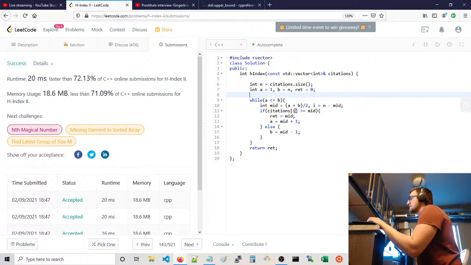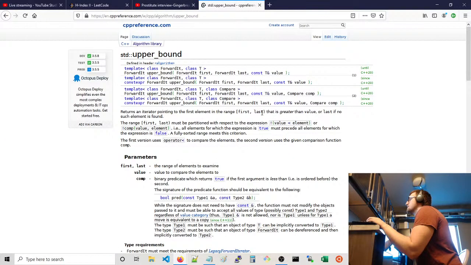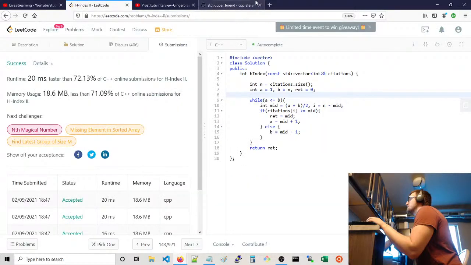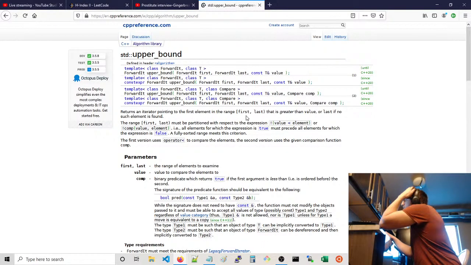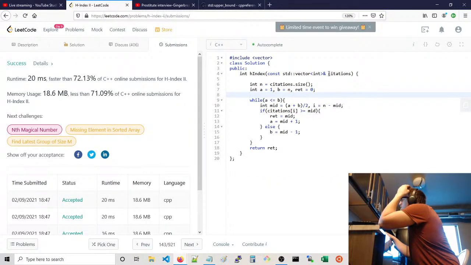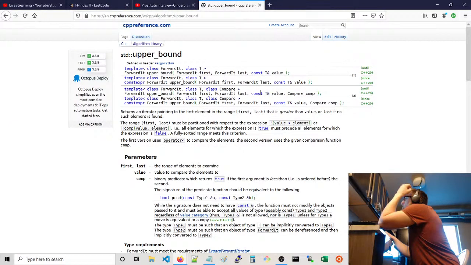You ready for this? We're going to loop over these numbers. I want the indices.